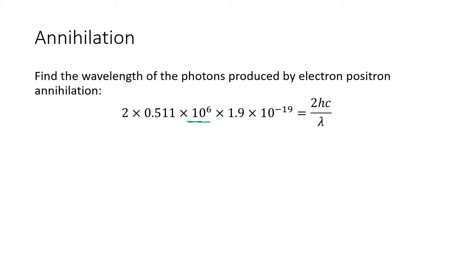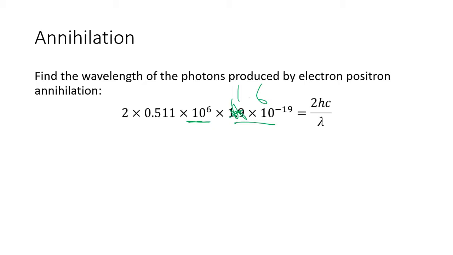Remember that it's in eV, but we only do calculations in joules. So I've got to multiply by 1.6 times 10 to the minus 19, in order to convert it from electron volts into joules before we do the calculation.